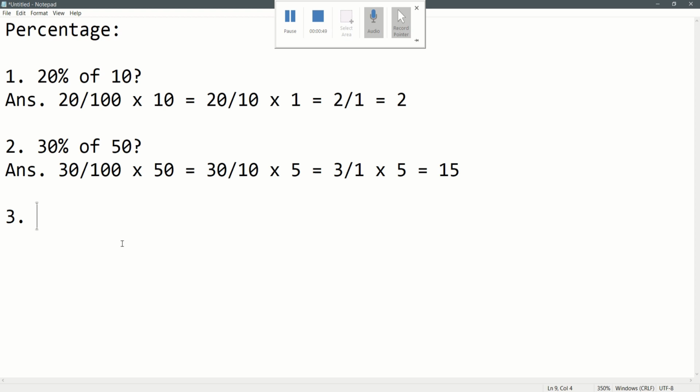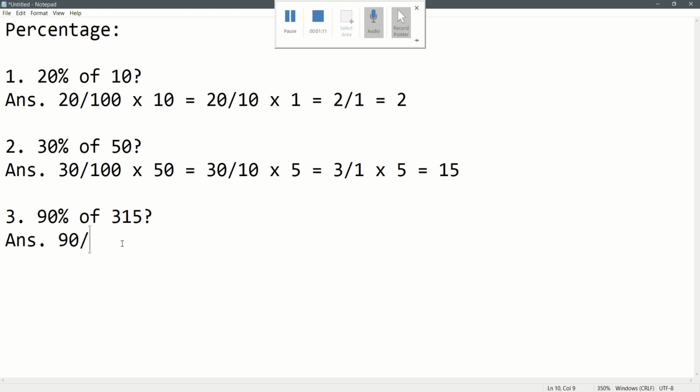Okay, so over here, for example, now I want 90% of 315. It is a little bit difficult, but we will solve it.